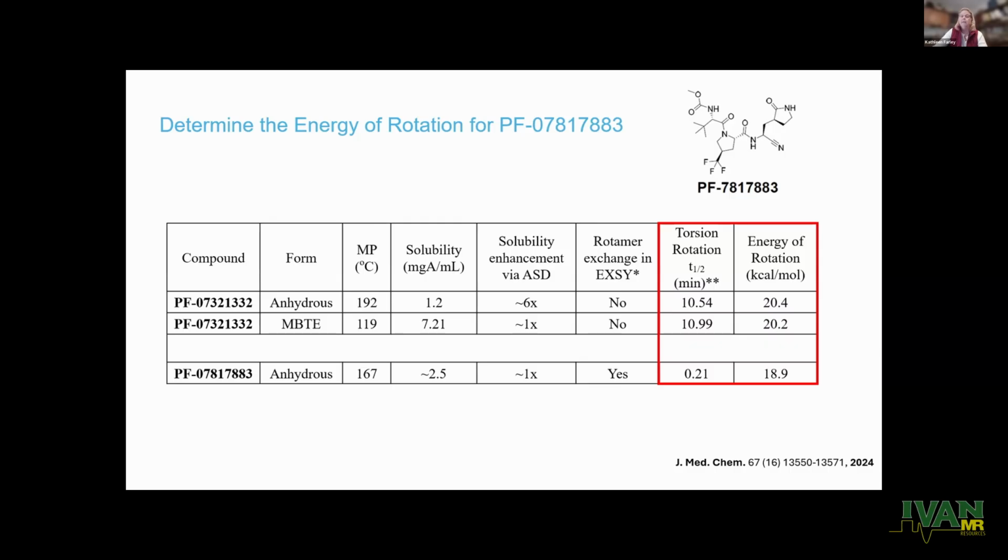So now instead of minutes, we're down in the seconds of this thing rotating. And we actually think that it's going quickly enough now that in your body, it's not being digested as quickly and broken down. So that's a big plus for this second generation compound that is now in phase 3 and on fast track from the FDA.